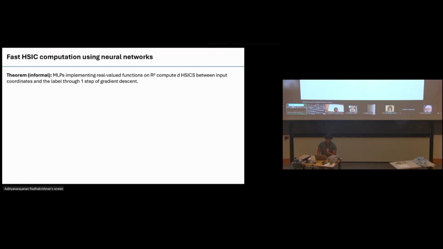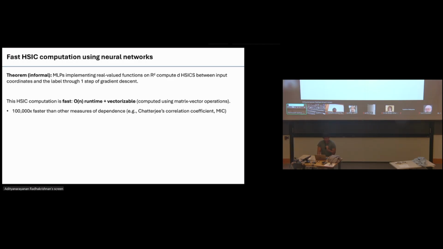It turns out, though, that neural networks are very good at vectorizing this operation, meaning that it can compute multiple HSICs in parallel using one matrix vector multiplication. And because of this property, both the O(n) runtime and vectorizability, this HSIC computation is incredibly fast. On a GPU, it's 100,000 times faster than other measures of dependence.